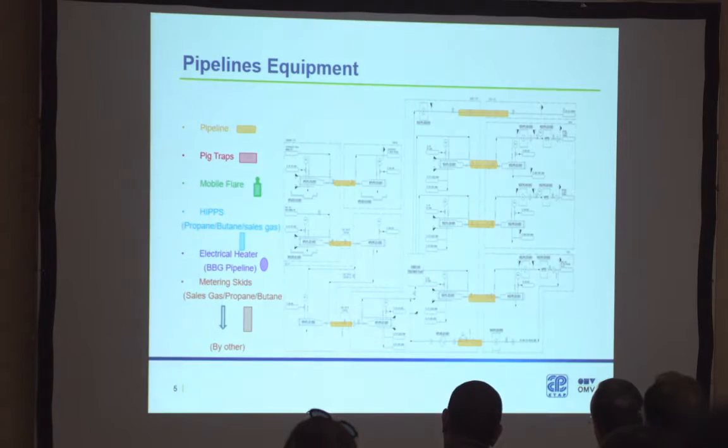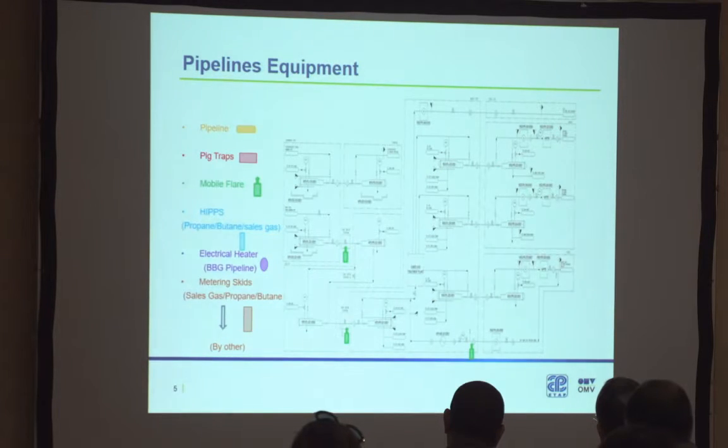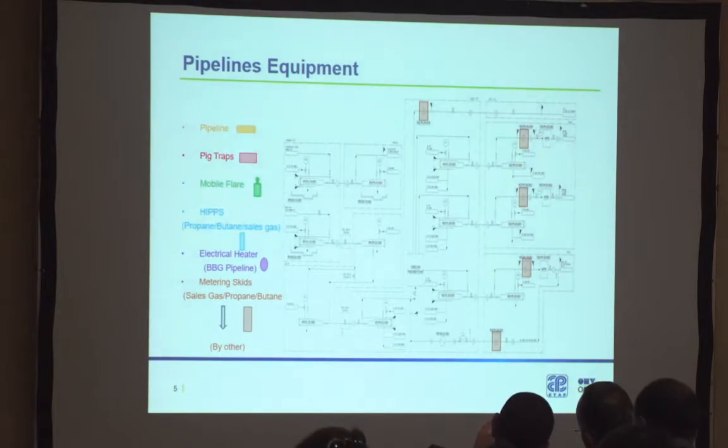At GTP, we have propane, butane, condensate, and buyback gas. We have pig traps, pig launchers and receivers. We have mobile flares for depressurization. We have HIPS. We have an electrical heater. I will show you later on why we are using the HIPS and the electrical heater. Metering skid for the sales gas, propane, butane, and stabilized condensate.